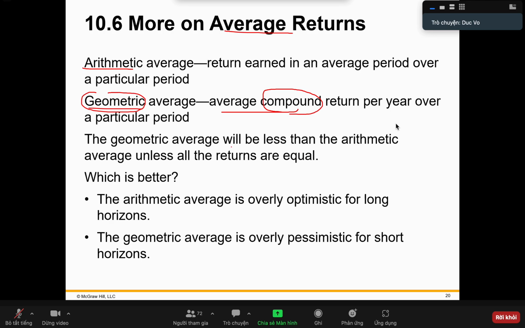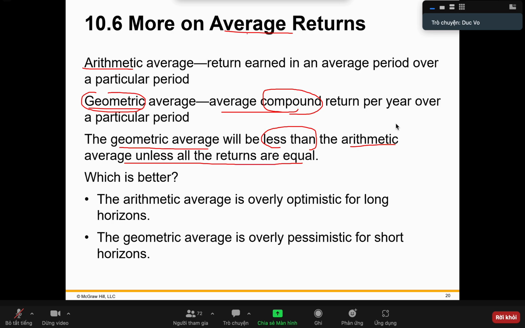In all cases, you see that the geometric average will be less than the average method, unless all returns are the same. It means that the return you receive every year or every month or every day are the same. If that is the case, then the geometric average and the average method produce the same figure. The question now is which one is better? We decide.